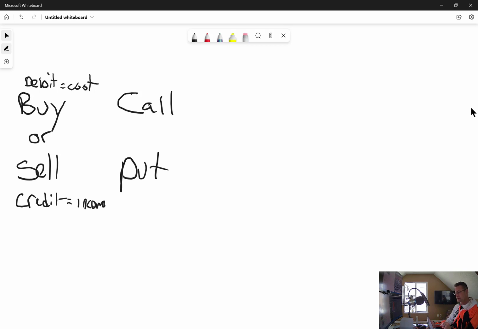So let's start with the definitions, first of all, of buying or selling an option, whether it's a put or a call. When you buy an option, you pay money. It's a debit trade. It costs you money, and you receive a right, but not an obligation. So you have a right, but no obligation.